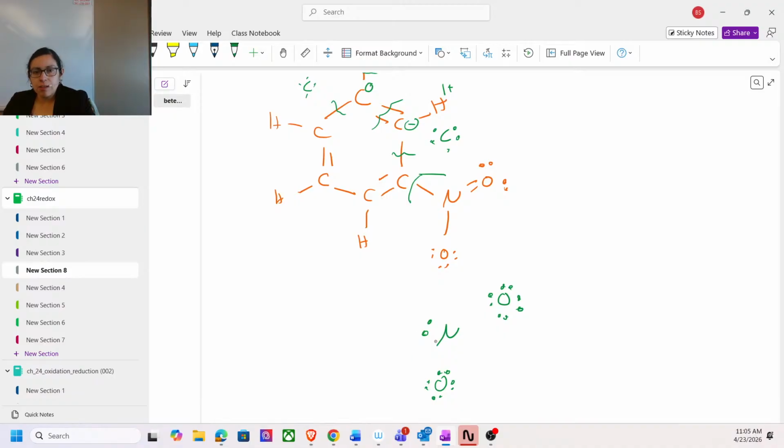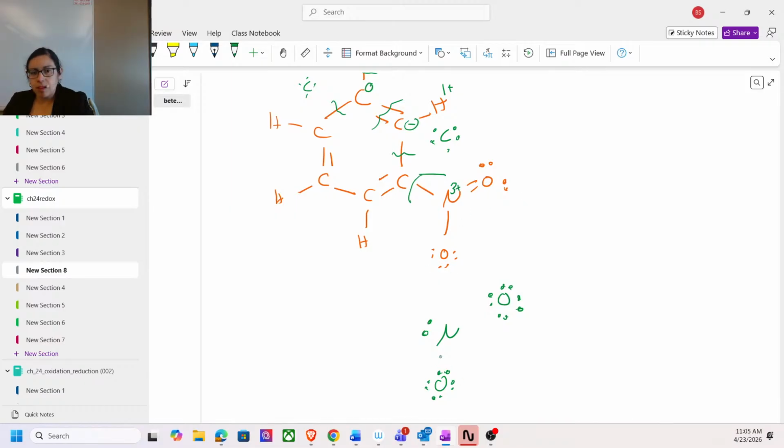Now we can do nitrogen. Nitrogen is just left with 2, so we have 5 minus 2. What does that give us for nitrogen's oxidation state? Positive 3. What about the two oxygens?